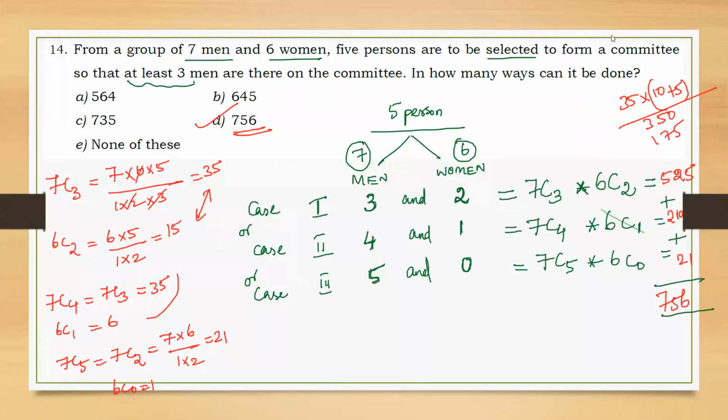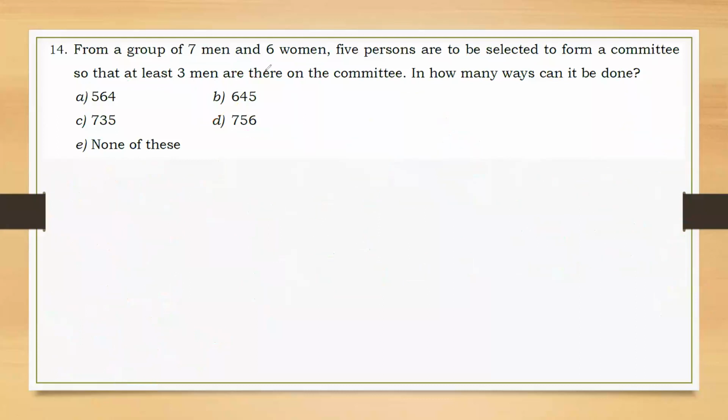Okay, Charan. We need to select 5 persons, right? We have 7 men and 6 women. The case is that we need to select at least 3 men. So at least 3 men, for example, we need to select a 5-person committee. We have 7 men and 6 women, and they have given that at least 3 men should be there in the committee.